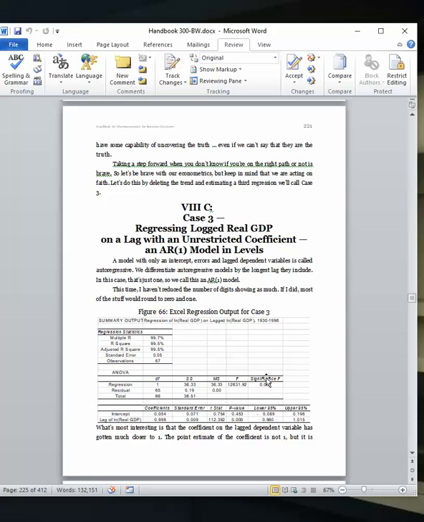Now, a point that I did not make well in class before break, and I probably should have, is that this does not fit the trend at all anymore because we've dropped out the deterministic trend, and it's not yet case 4 where we fit the trend stochastically. Instead, what this is saying is we're allowing the coefficient to be free here, and it's very close to 1, but it's not exactly equal to 1.